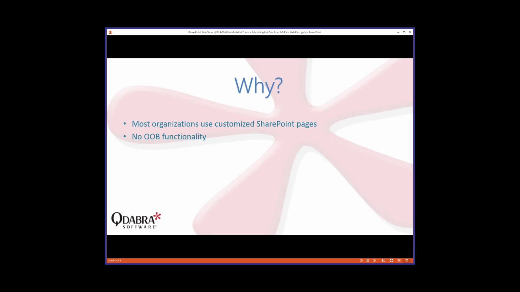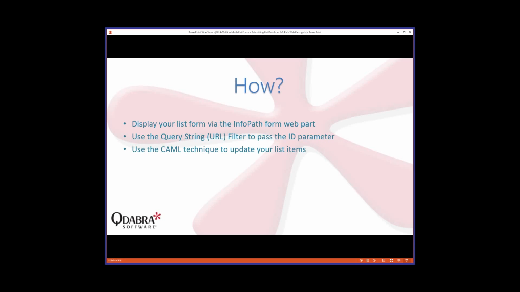And there isn't much, unfortunately, out-of-the-box functionality for what we want to achieve. There is a way today to display your InfoPath form via web part, sure, but it's not that easy to update a list item from those web parts. And so that's our goal for today.